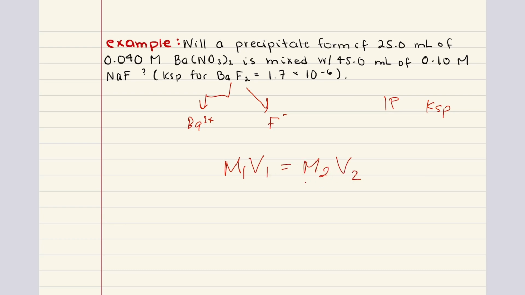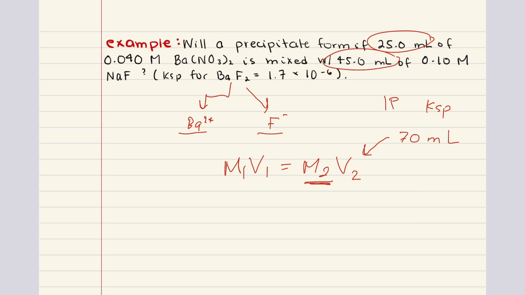And we want to solve for M2 for both ions, barium and fluoride. Now V2, really quickly, is going to be the new volume. It represents the total volume of the mixture, which in this case is just 25 milliliters plus 45 milliliters, and that's equal to 70 milliliters.